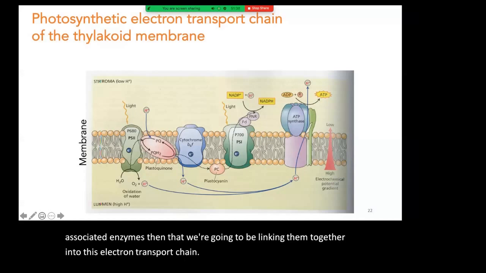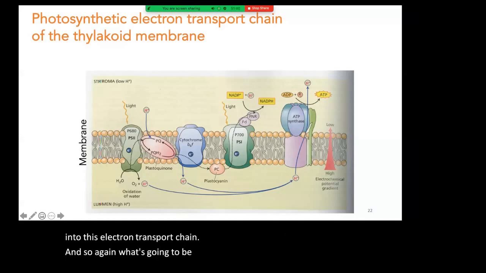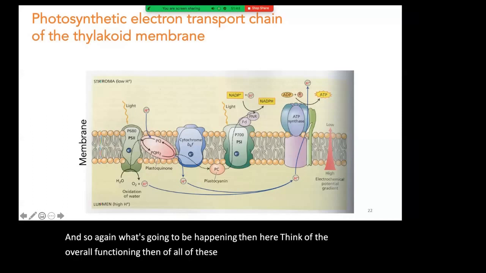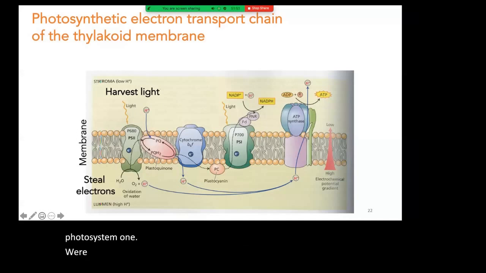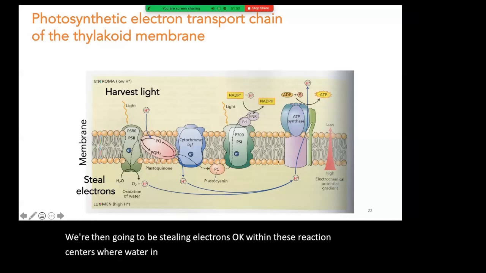And so again, think of the overall functioning of all of these units together, okay? We're going to be harvesting light in both photosystem 2 and photosystem 1. We're then going to be stealing electrons within these reaction centers, where water, in this case, is the source of this electron that's stolen. In the process, oxygen is released.